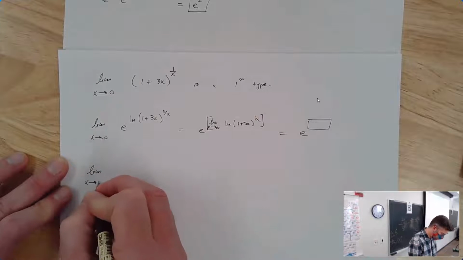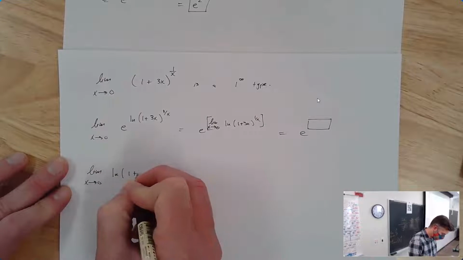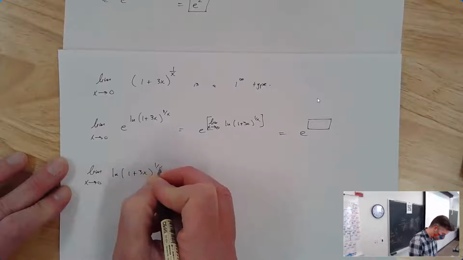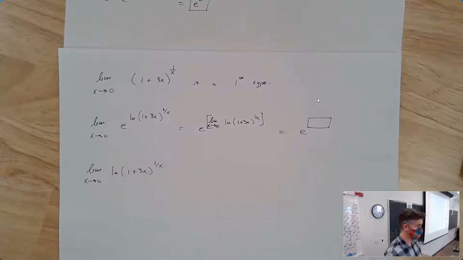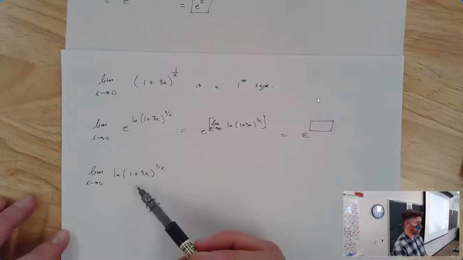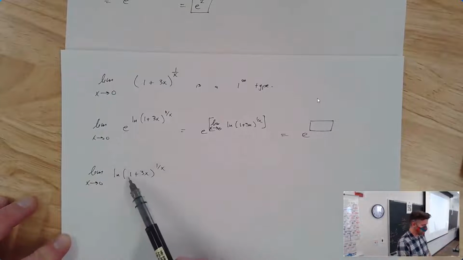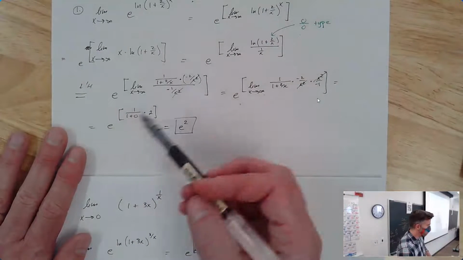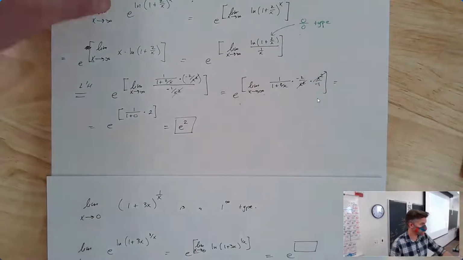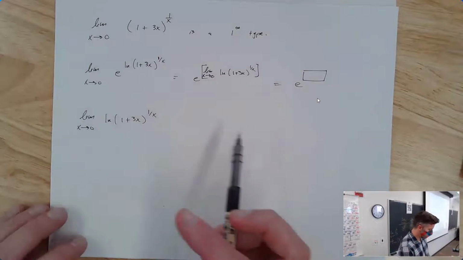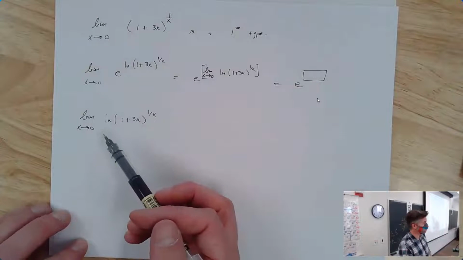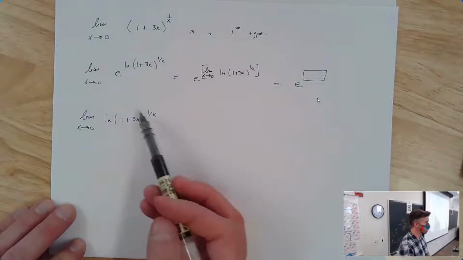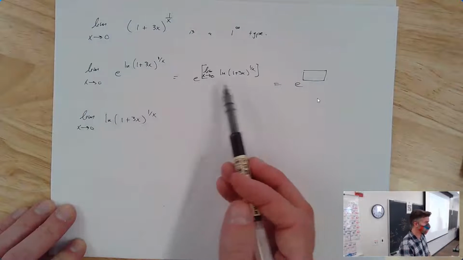The limit as x goes to 0 of the natural log of 1 plus 3x to the 1 over x. It doesn't matter if you want to separate this part out or not. I kind of like to do it this way because it feels like I don't have to carry this e to the thing the whole way through. But if you do it this way, you have to remember that once you get your answer, that's not really your answer. Your answer is going to be e to whatever this limit is, just like I've written it there.